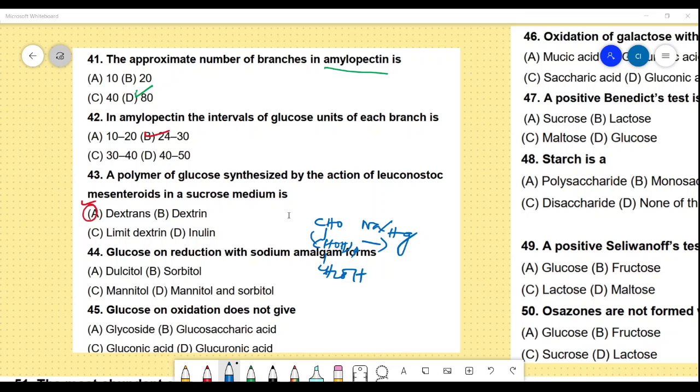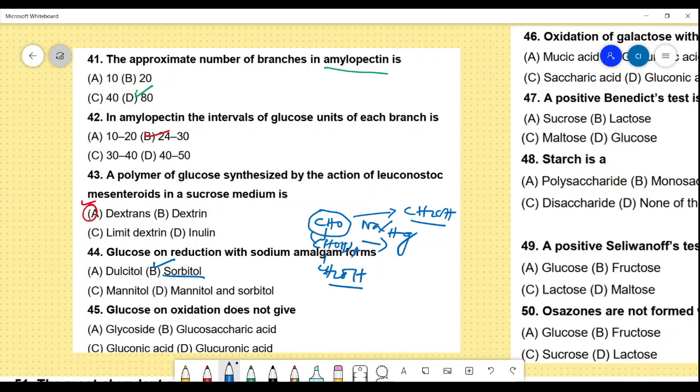It's a very selective type of reduction. Sorry, here you will get reduction. So this particular CHO part gets converted into CH2OH, so that the last carbon and the first carbon both have CH2OH, and then you call it sorbitol. So this is the right answer there.